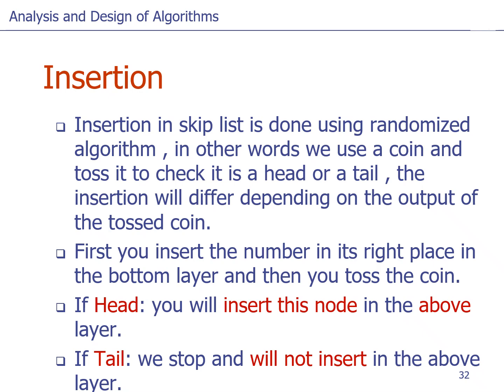If it's a head, I will insert it in the above layer and connect the references appropriately. If it's a tail, I will ignore it. I will not insert it in the above layer. If I insert it in the above layer, I will again toss a coin. And if I get a head again, I will insert it even in the layer above it. If I get a tail, I will stop. It will just be inserted at level 1.